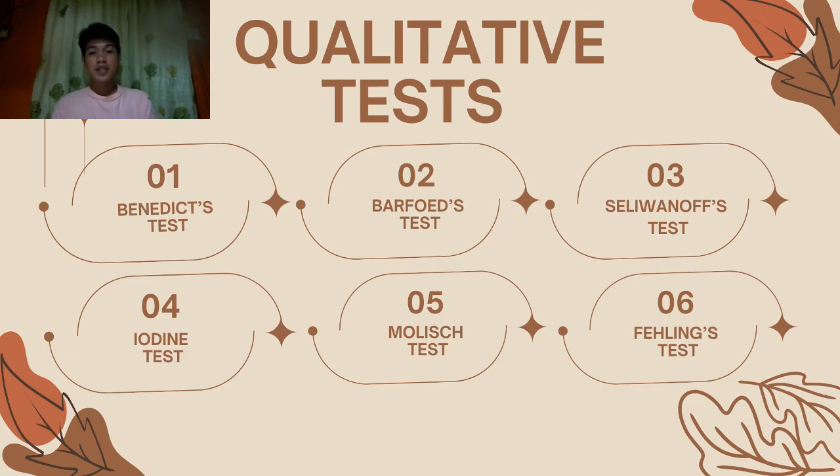Seliwanoff's test is used for distinguishing between aldose and ketose sugars, while the iodine test is the qualitative test for determining if the sample contains starch or complex sugars or polysaccharides.